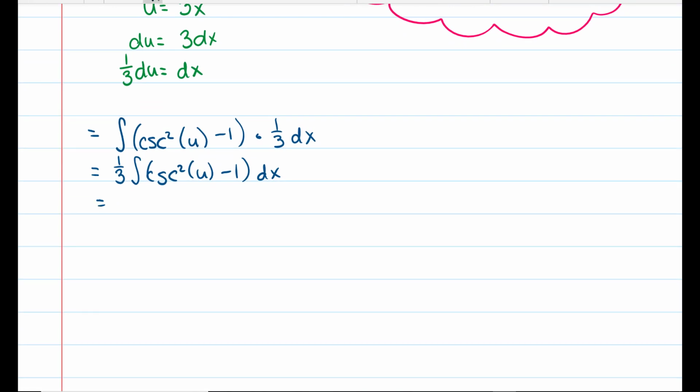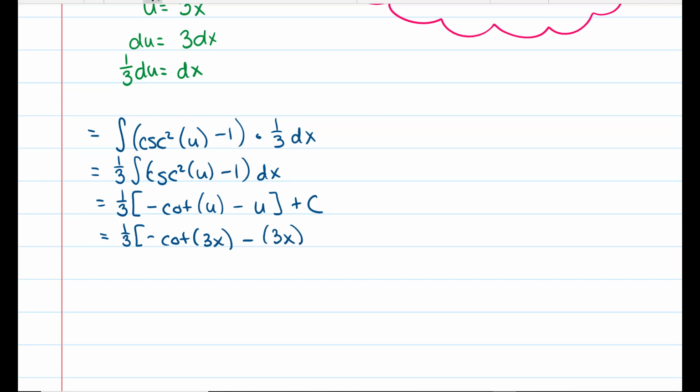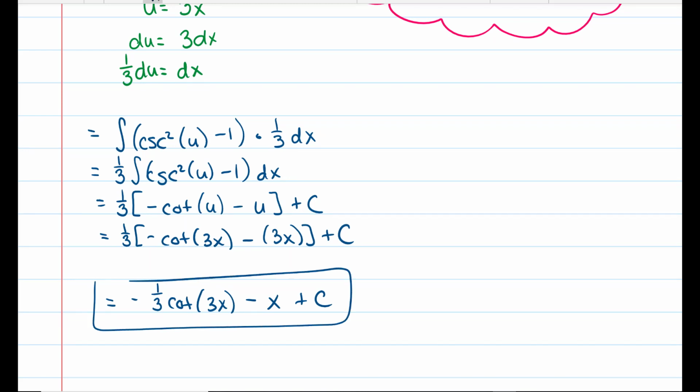So this is going to be equal to 1/3 times negative cotangent of u minus u plus c. I'm going to switch back the u for 3x, and I get 1/3 times negative cotangent of 3x minus 3x plus c. I'm going to distribute that 1/3, and I get negative 1/3 cotangent of 3x minus x plus c as my final answer.